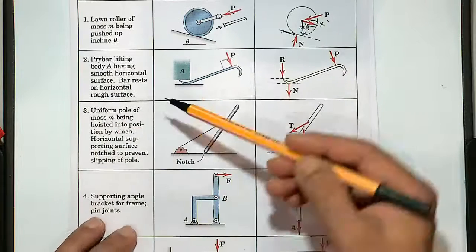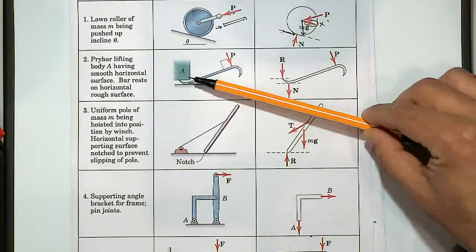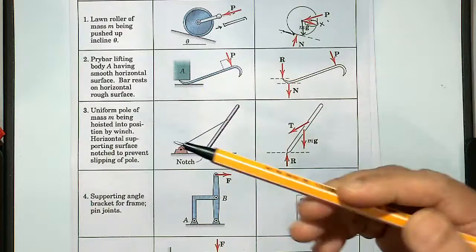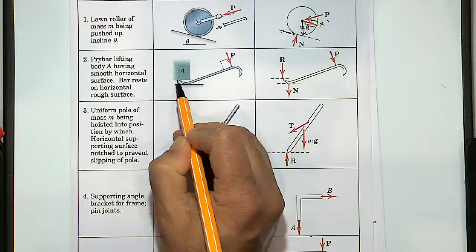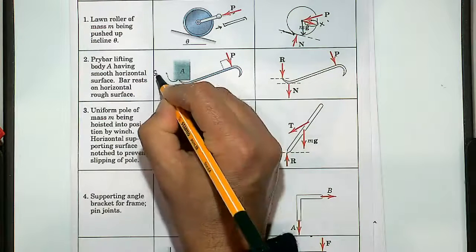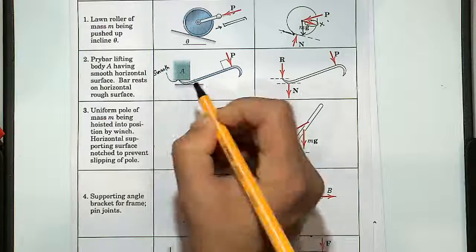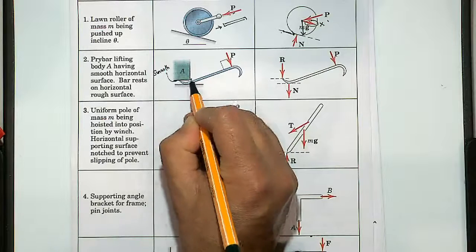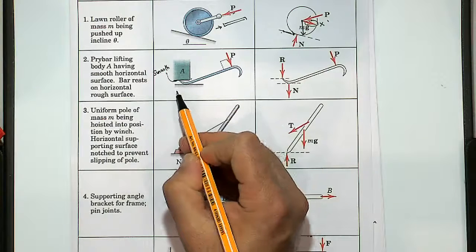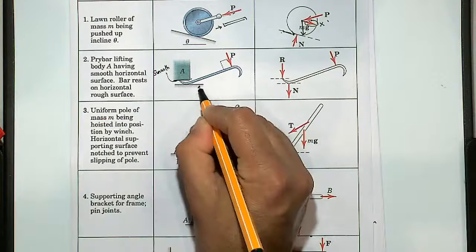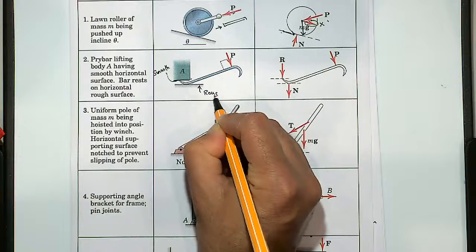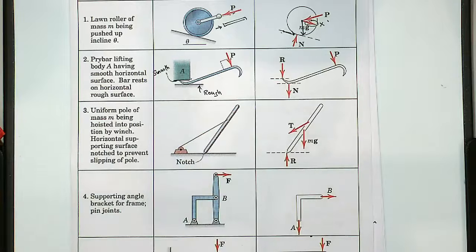A pry bar lifting a body A having a smooth horizontal surface. That means this surface is smooth, the surface of part A. But the bar rests on a rough horizontal surface. So this surface is rough. So what about the free body diagram?